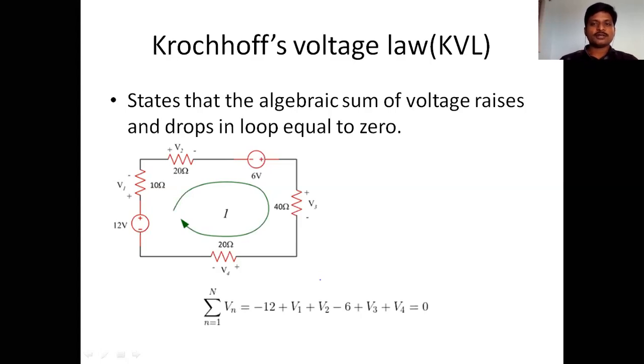First you need to understand what is a loop here. Loop means a closed path. As you can see, it is denoted by a green arrow mark. This is a loop. These elements are connected together to form a loop. Loop means nothing but a circuit, or a closed path.